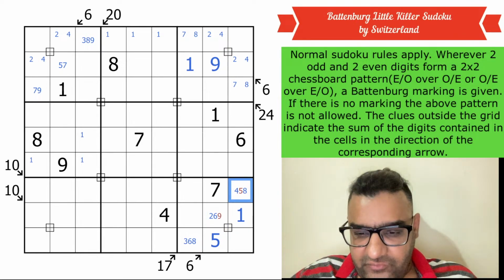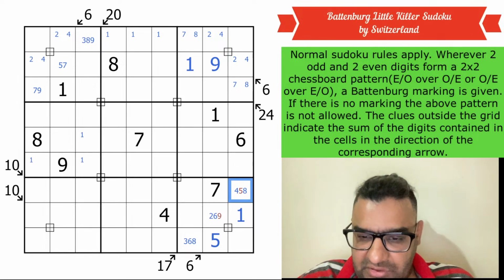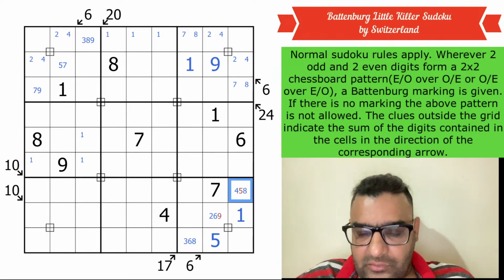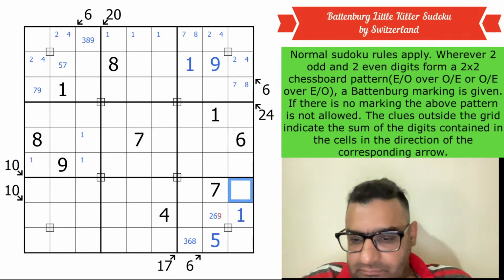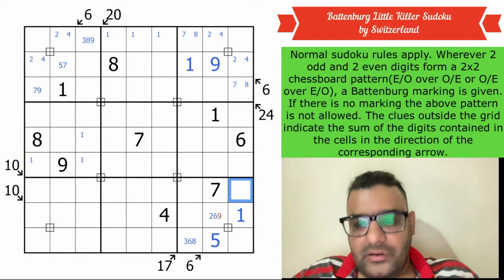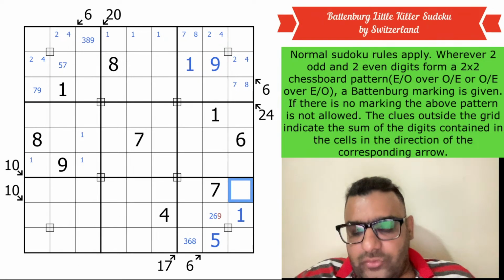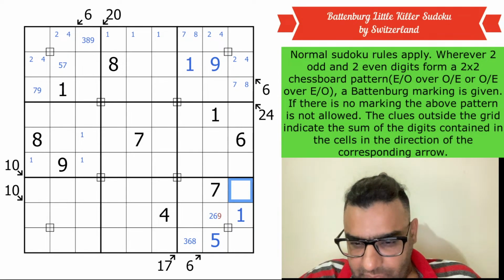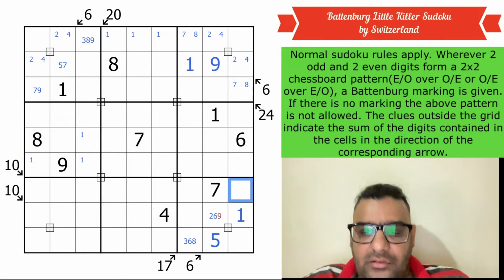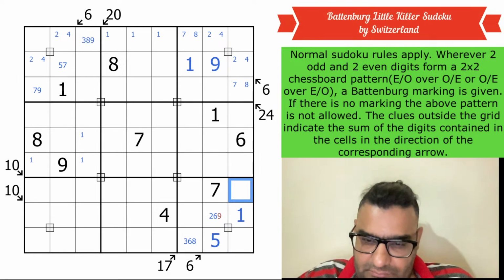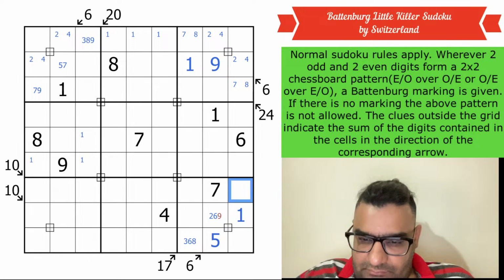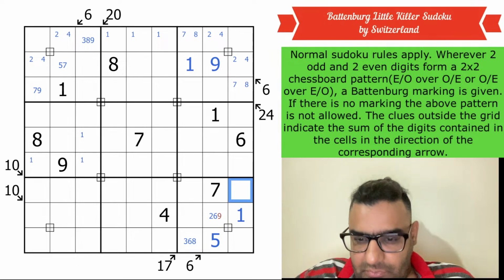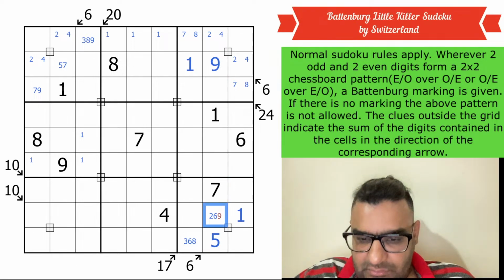We cannot put a 5 there. So this combination gets out of the way. We can put 3, 6, and 8. We can put 2, 6, and 9. I mean, we have to put in these three. 3, 6, and 8 already has an even number.